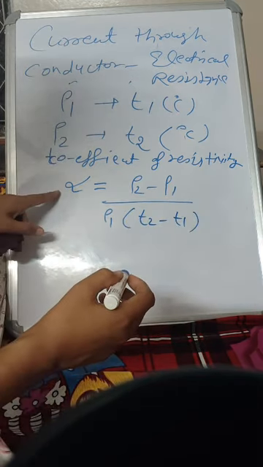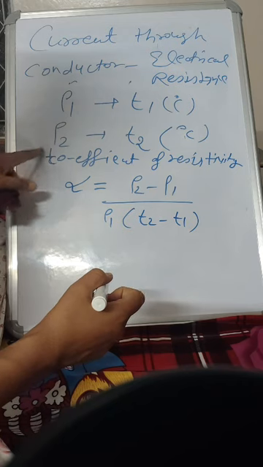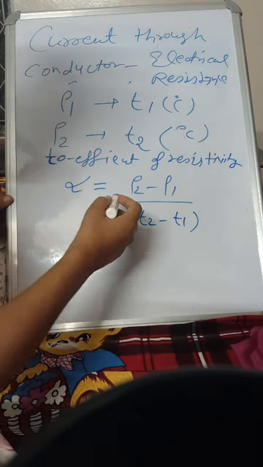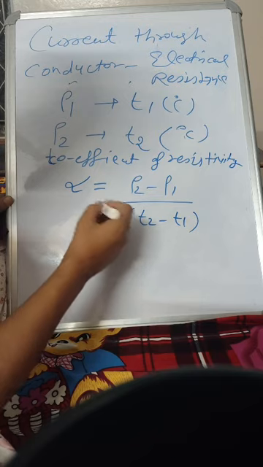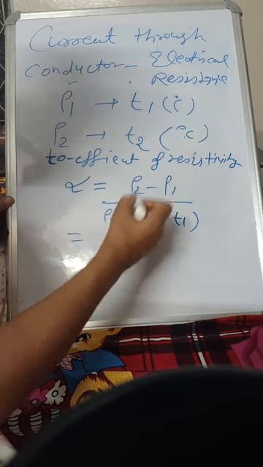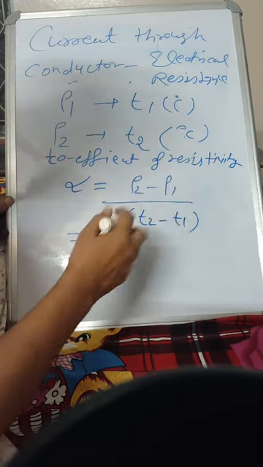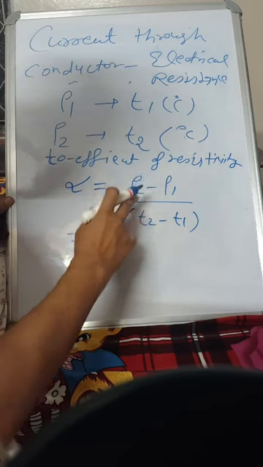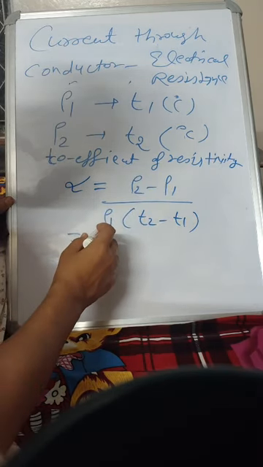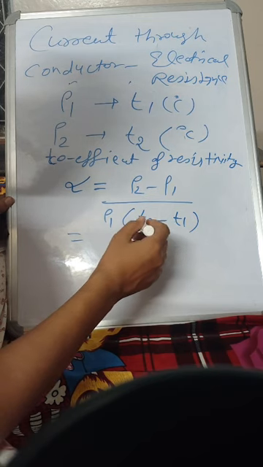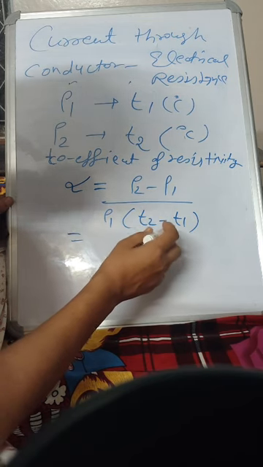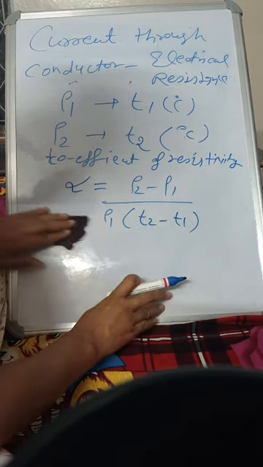So this alpha, which is called the temperature coefficient of resistivity, is equal to the change in resistivity, the difference in the resistivity, divided by the original resistivity into the change in temperature or rise in temperature.